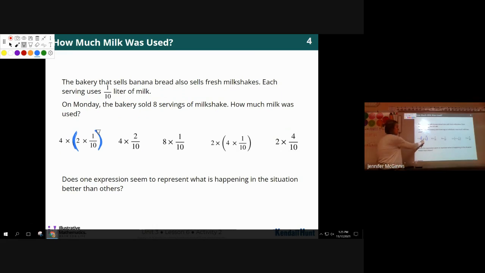So this would be 2 times 1/10. So we would write 2/10, and then we would follow up with what's outside the parentheses, and that gives us 8/10. Okay? So this is a lot like yesterday when we talked about equal equations, knowing that we have equal equations, and this equation is the same value as this one, and this one, and this one, and this one. They're all the same value, right? We talked about that yesterday.